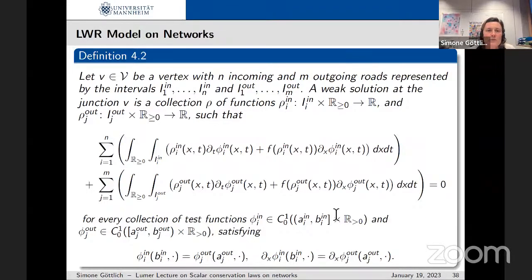The weak solution is now, if we consider a junction, a collection of functions rho that are given by these rho in or rho out definitions. Again, if we reduced it to what we have seen before, it is the same notion of weak solution for one line only. And for the collection of test functions we need that they satisfy some node conditions given in that way.